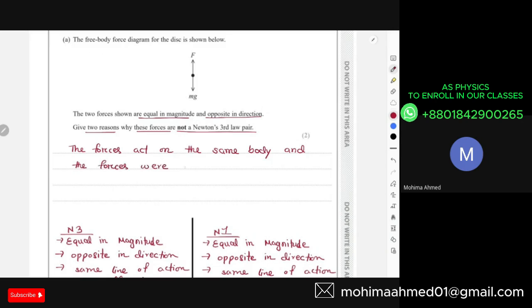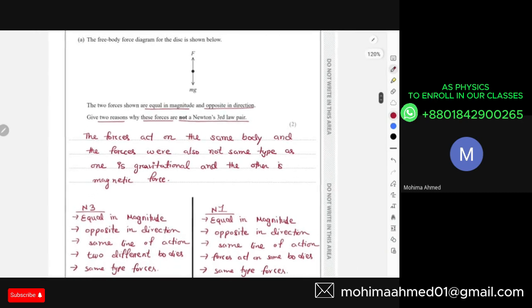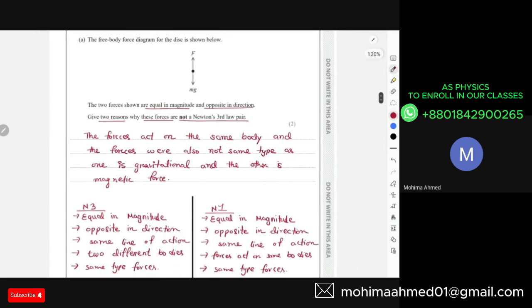And the forces were magnetic force. Is there any problem from question 11 from anyone?